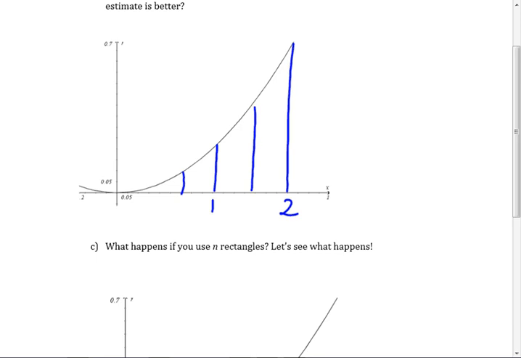Okay. This is 1 half. Then this is 3 halves. Now, on the exam, they may give you this ugly-looking sum, and you have to figure out what it represents. So I go to the right side, and then I draw my rectangle.